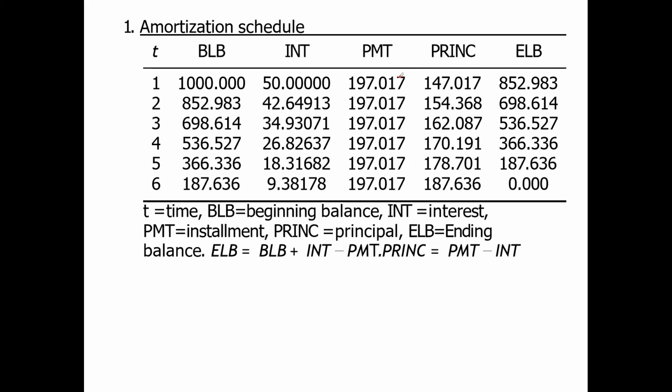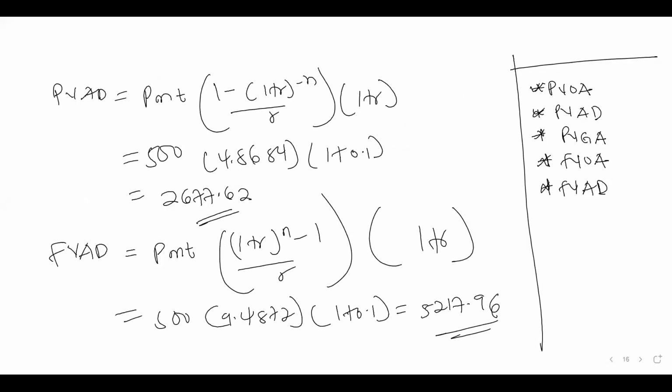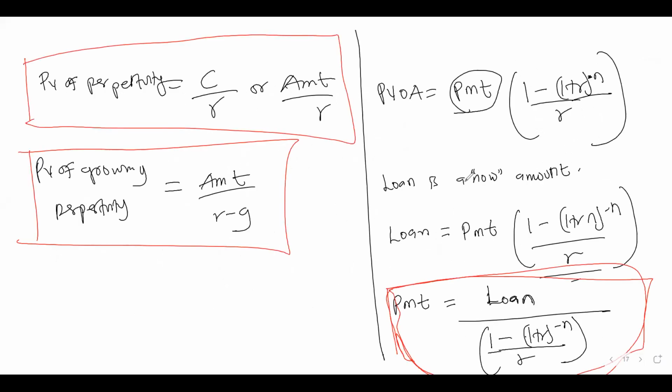Yes, that's what we are doing. As in, no. Let me try and understand what the person is trying to say. As in, the installment is this. No, this cannot be the installment.